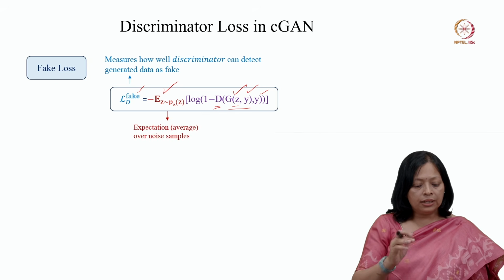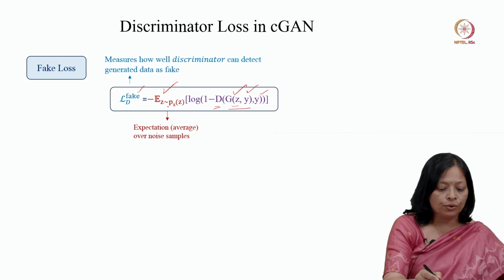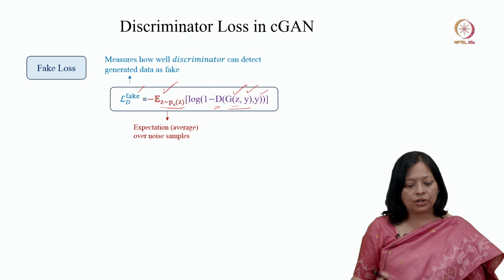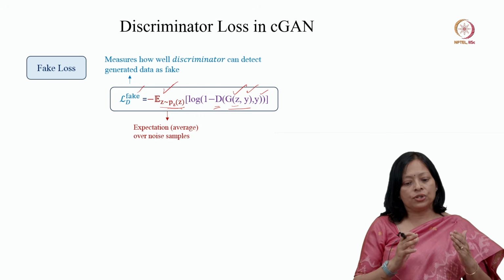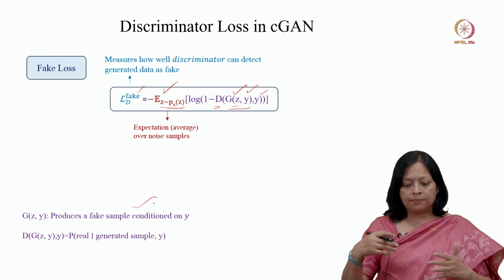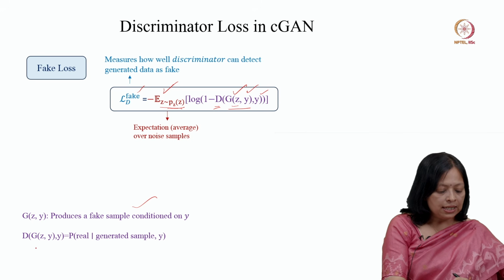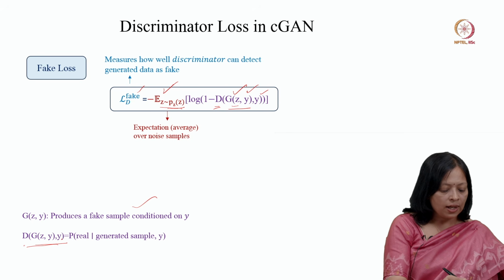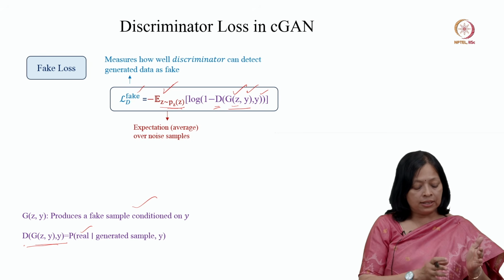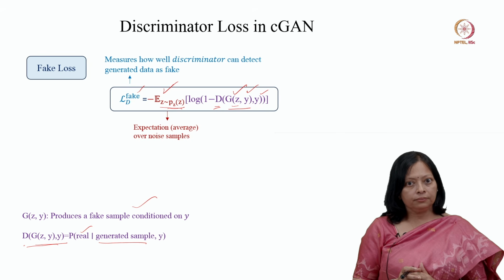Now, this expectation value averages over all noise samples. The sample here belongs to P_Z, that is the noise samples, because the generator has generated the images from noise. G of (z, y) is the produced image from the generator, and D of (G(z,y), y) gives the probability of being real given the sample is generated and y is the condition.